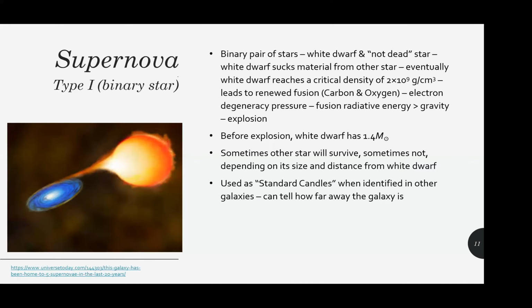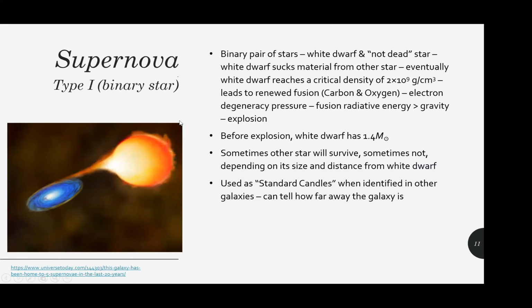And so then, electron degeneracy pressure is a phenomenon that basically states you cannot have two electrons in the same point in space at the same time. Because of electron degeneracy pressure, and it's so dense that this is almost the case, but physics doesn't allow it to happen, that causes the white dwarf star to explode.